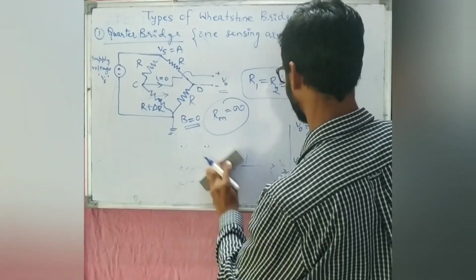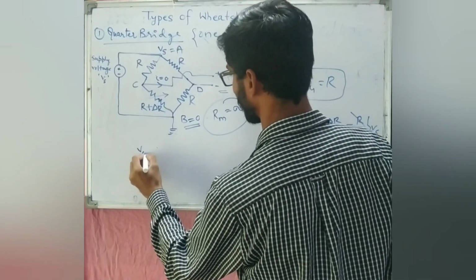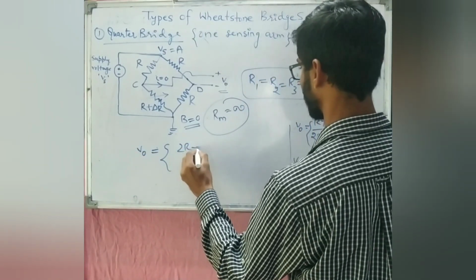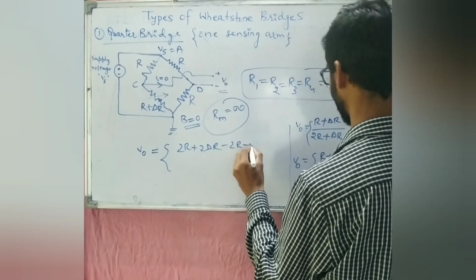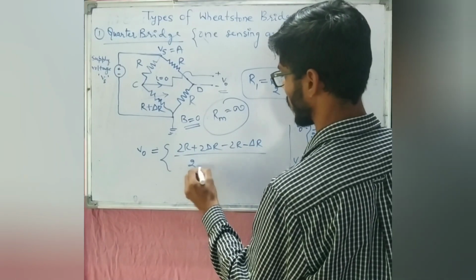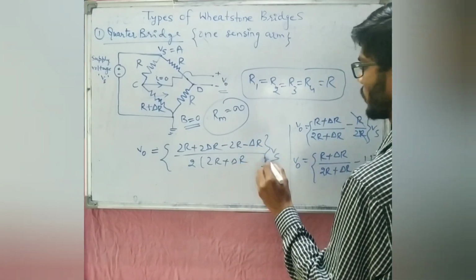And then further simplification will give the final expression for the quarter bridge. V naught is going to be (2R plus 2 delta R minus 2R minus delta R) divided by 2 times (2R plus delta R). Simply we have to take the LCM.